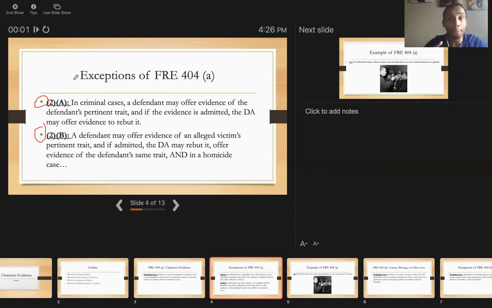And lastly, in a homicide case, only in homicide cases, the defendant may offer evidence that the victim was the first aggressor, similar to our self-defense case. And the prosecutor may rebut that evidence by offering evidence of peacefulness that the victim has as a character trait.